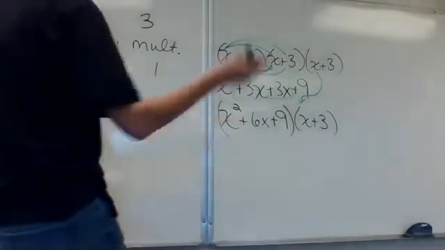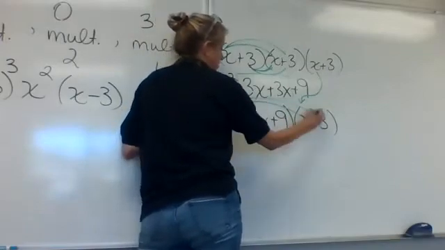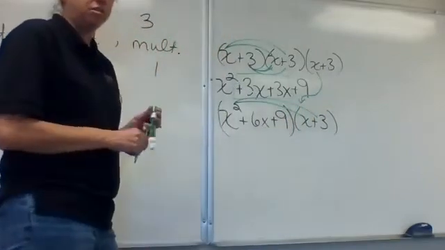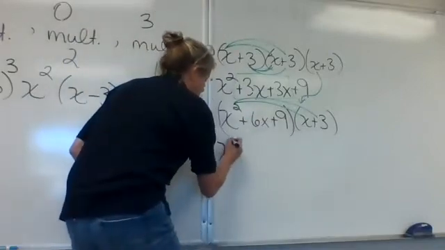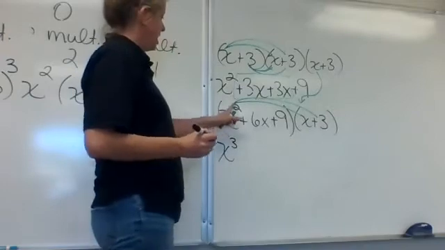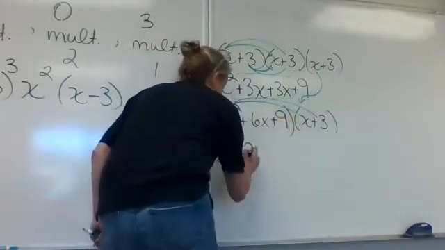So now, just like earlier, I have to distribute this x squared to both of those. So let's see, x squared times x gives me x to the third. X squared times 3 gives me 3x squared.